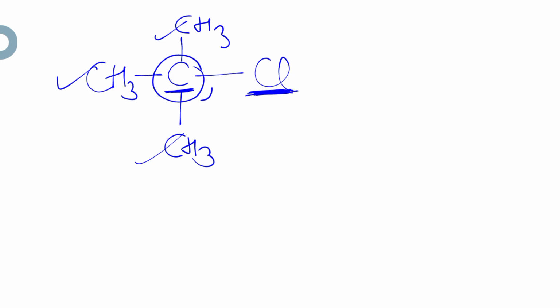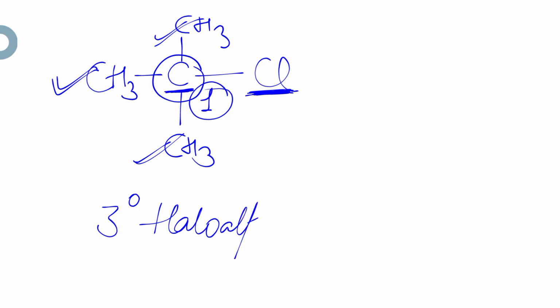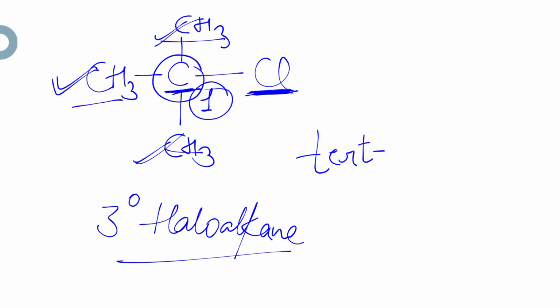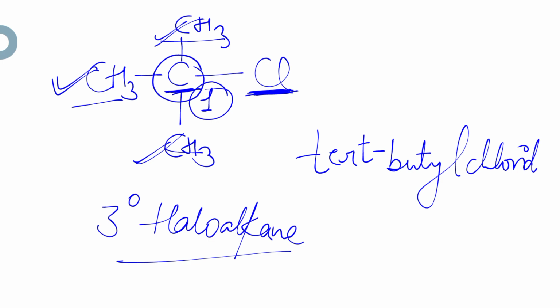So if the carbon is connected with three other alkyl groups, then it is known as a 3-degree haloalkane. A 3-degree haloalkane name is written with tert. There are a total of 4 carbon atoms, 1, 2, 3 and 4: butyl chloride. Tert-butyl chloride. Okay, understand?